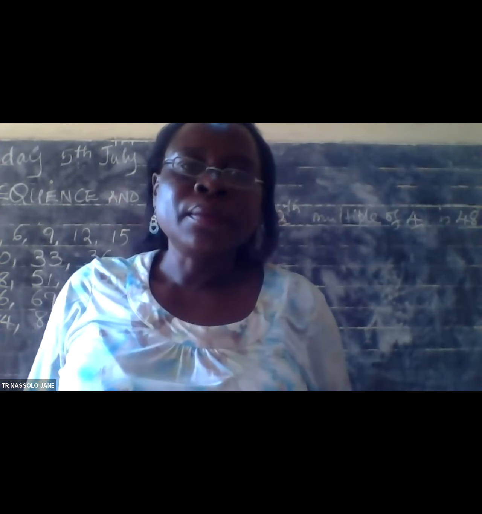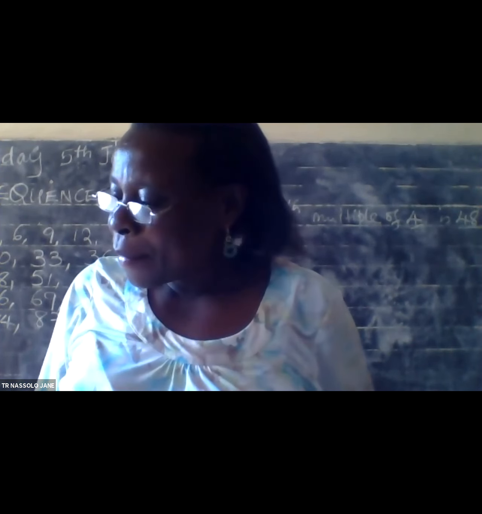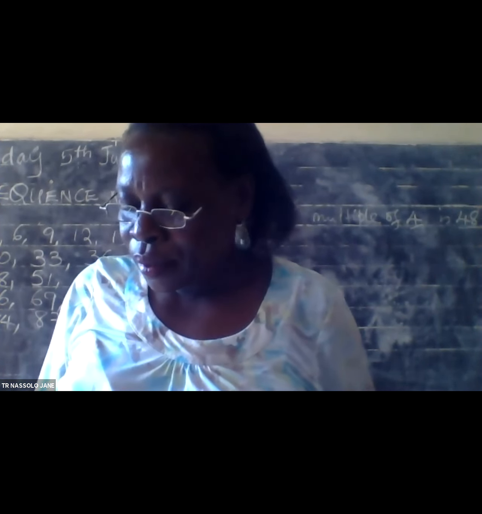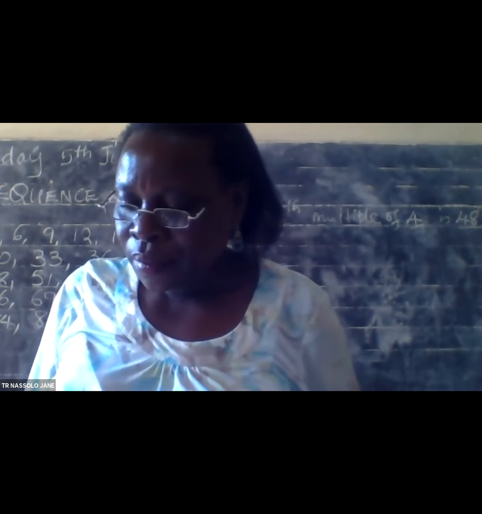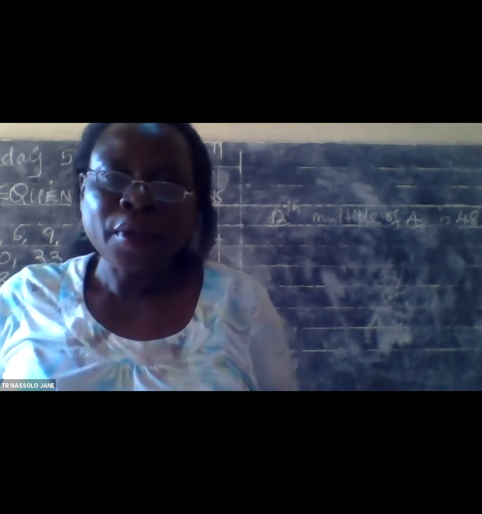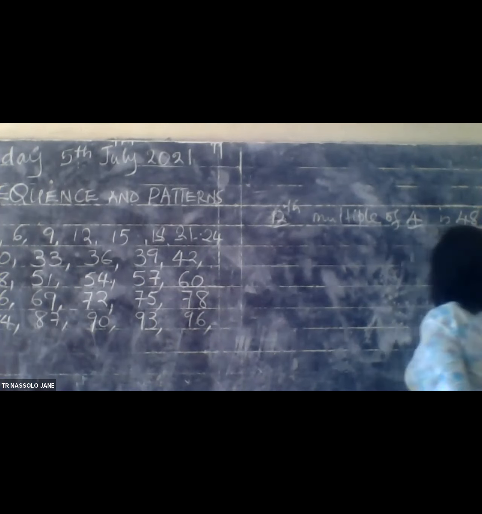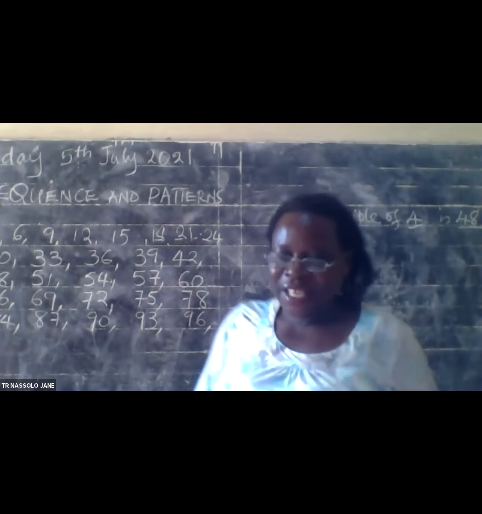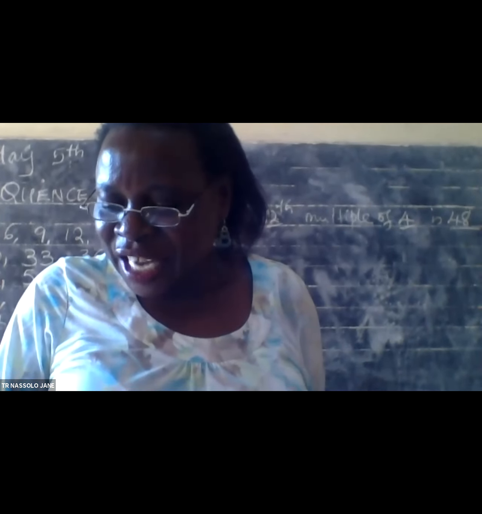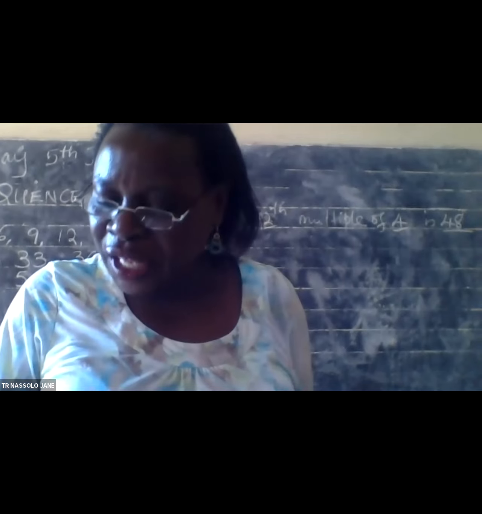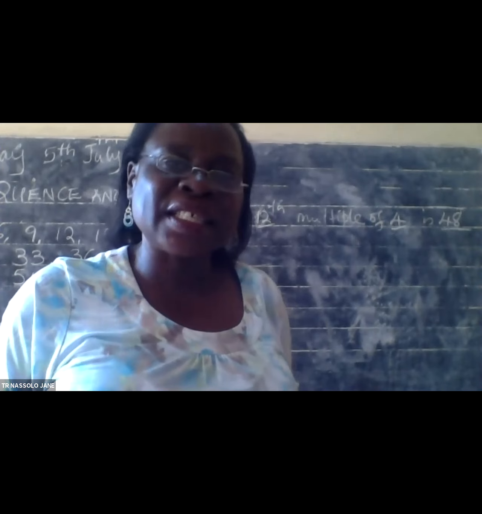To get the necessary number when given position, you multiply the position by the multiple. You multiply the position and the number to get the multiple. Thank you very much. Then we can move to part D. The 20th multiple of 4, how do we get it?